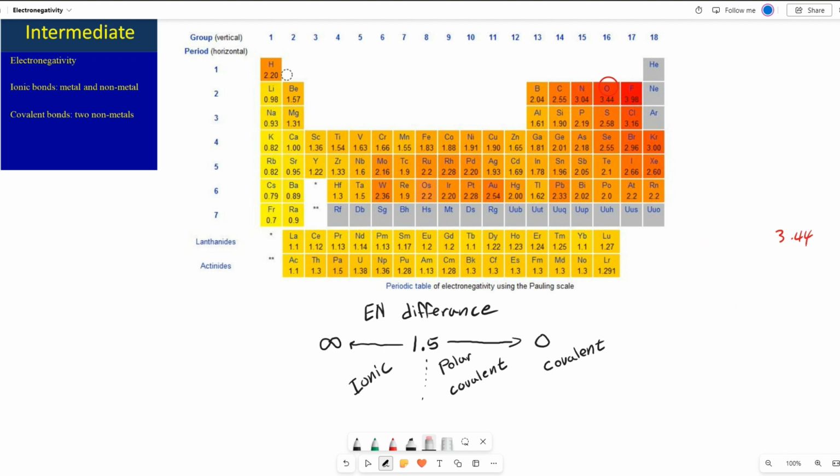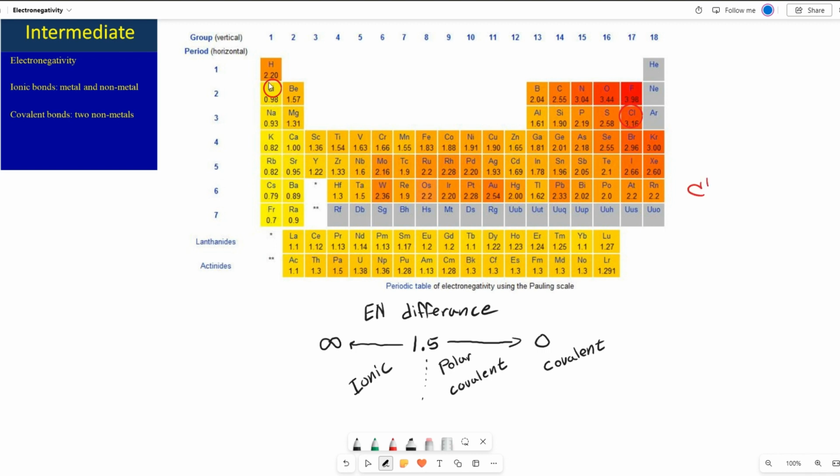So now let's take a look at an example of two atoms that would undergo an ionic bond with each other. And we'll take a look at chlorine and lithium. Chlorine is all the way over here, and lithium is all the way over here. In general, the further apart atoms are from each other on the periodic table, the higher the chance that they're going to undergo an ionic bond versus a covalent bond.